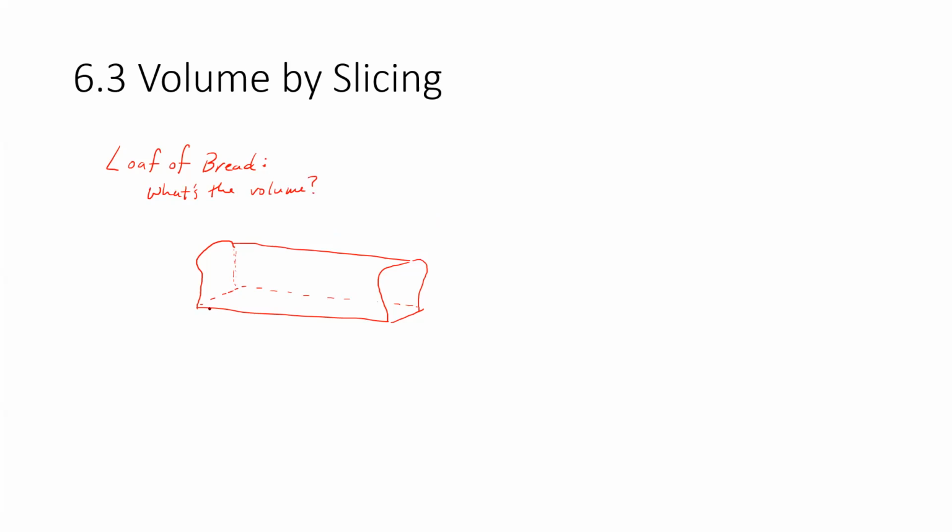And the way we can approach it is, well, I can take my loaf of bread and we can just slice it up, right? Slice it up into a bunch of slices. I'm not going to draw all the slices, but you imagine now each of these slices has a volume.